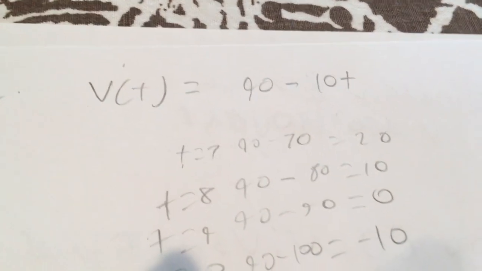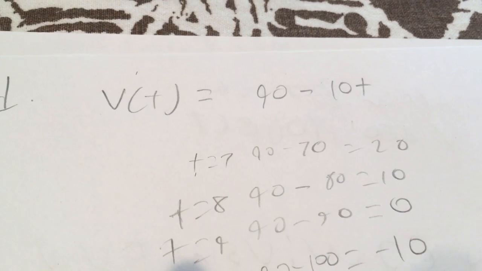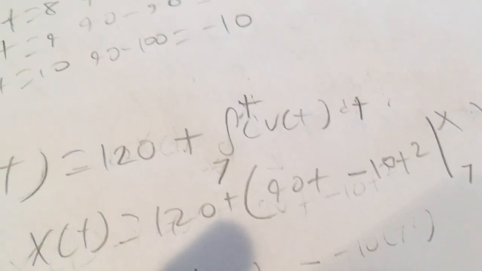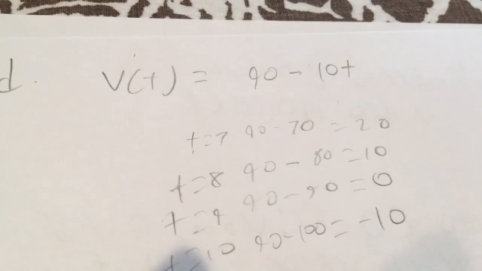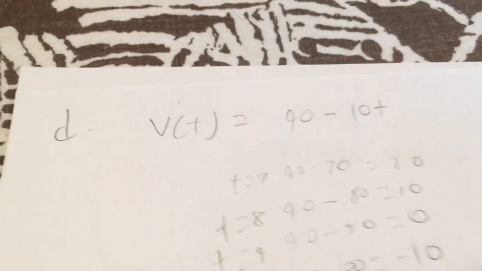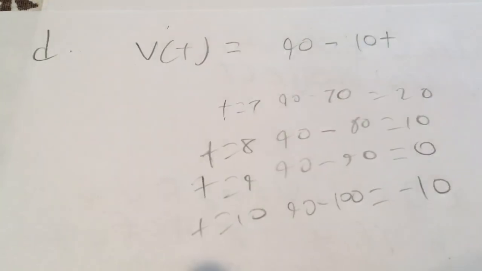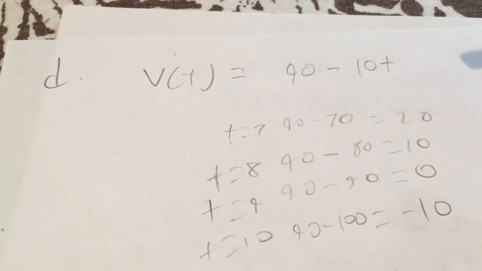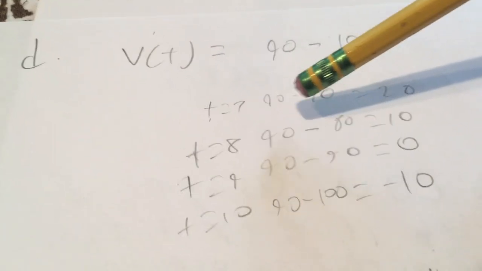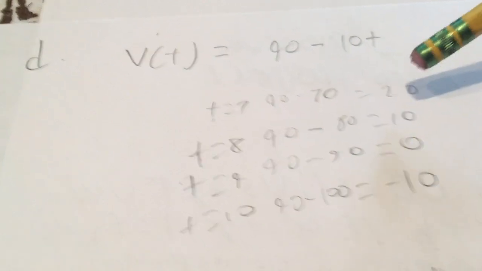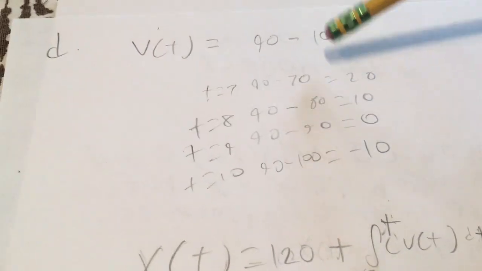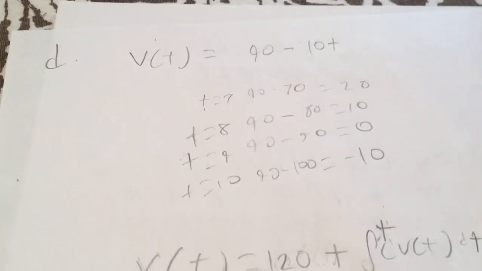So we can set this up as 90 minus 10t, because we have to start at 20, and so this means that we do have a slope of negative 10, but since we're starting at 20, you have to set the constant at 90, so that when we're at time t equals 7, you'll have 90 minus 70, so you'll have a velocity of 20, as you have here. And I've checked this for all the other times, and it works, so that's good.